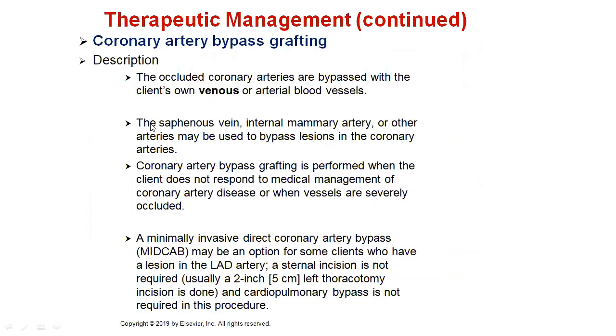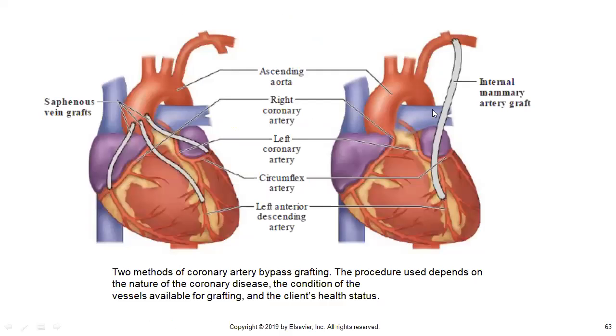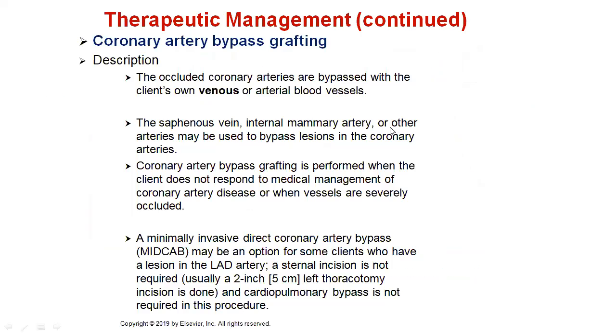From here, I can read that the saphenous vein, internal mammary artery, or another artery may be used to bypass. The saphenous vein is collected from the thigh, or the mammary artery is used for the bypass.